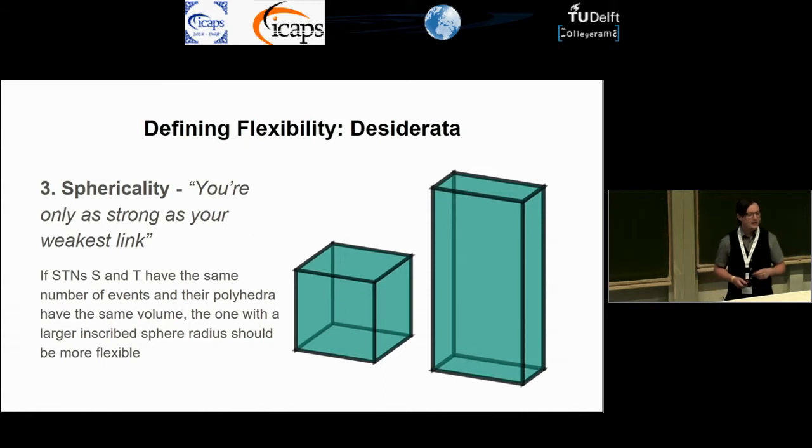So we say that if we have two STNs which have the same number of events and whose solution spaces have the same volume, the one with the larger inscribed sphere radius should be considered more flexible. The reason that we require them to have the same number of events is that we don't want to make this comparison across polytopes of different dimensionality, because that can become misleading.